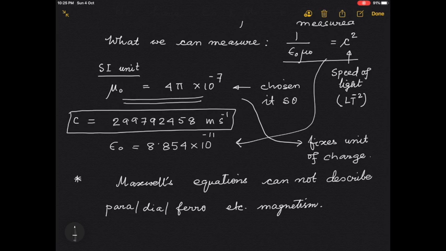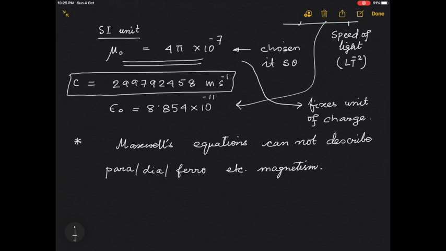All these natural magnetisms that we see are quantum phenomena. They cannot be described using any classical phenomena.